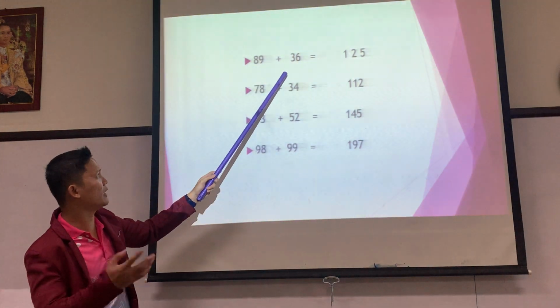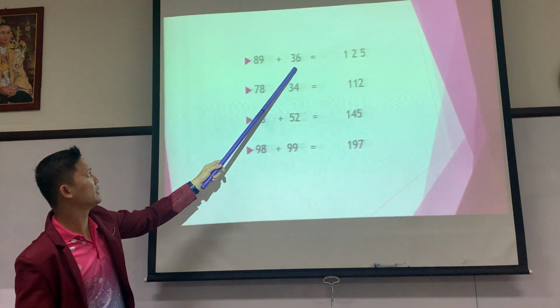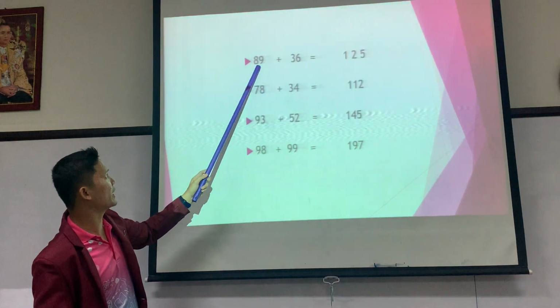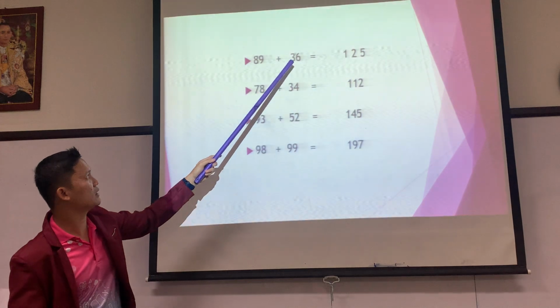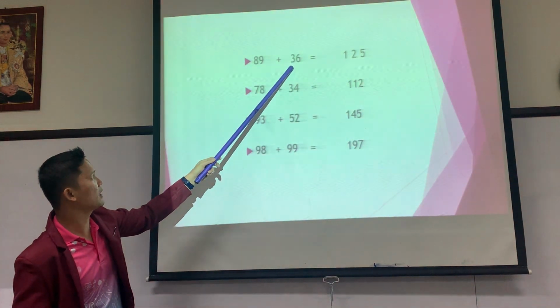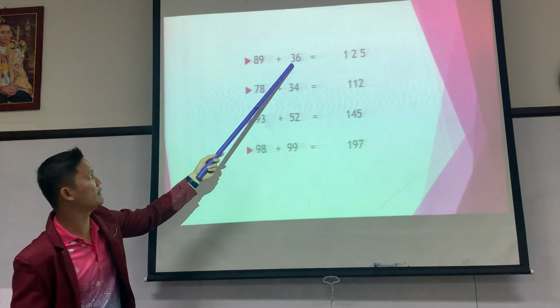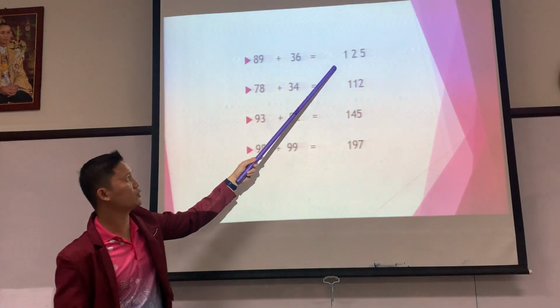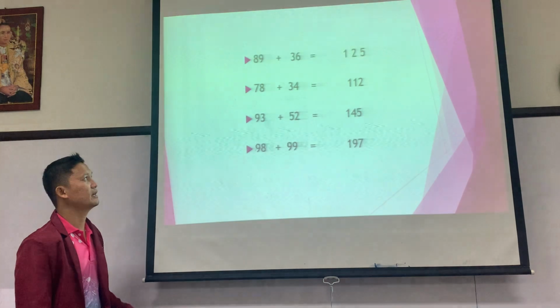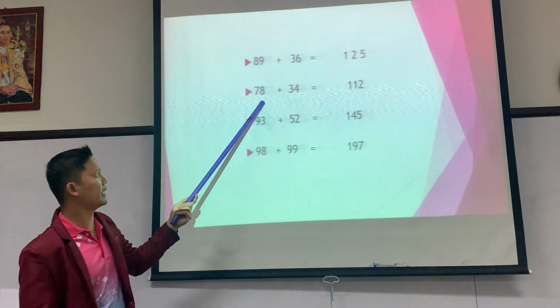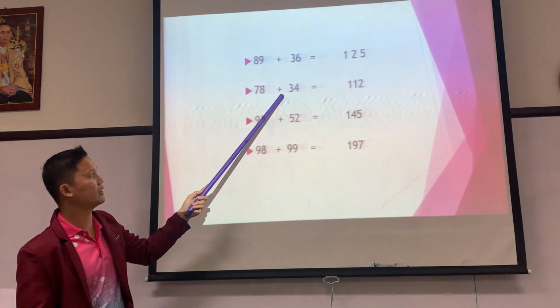We have to add, 15, like that, and then we have to carry 1. So 8 plus 3 equals how much? 11, and plus 1 it is 12, so the answer is 125.